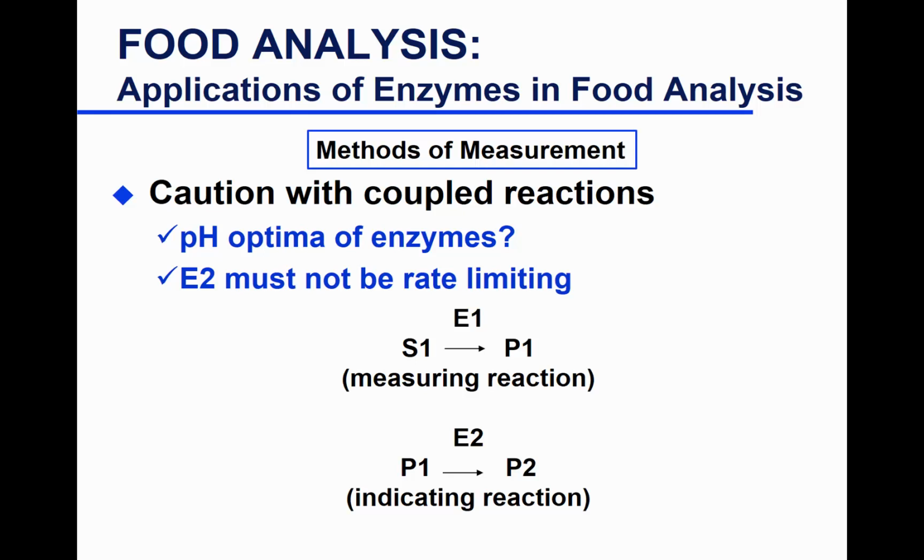Also, we will make sure that the indicating reaction is not rate limiting, meaning it's not a slow reaction. So if our reaction is about 30 minutes, we want to make sure that as soon as P1 is generated, P2 is generated right away, and an absorption is measured.